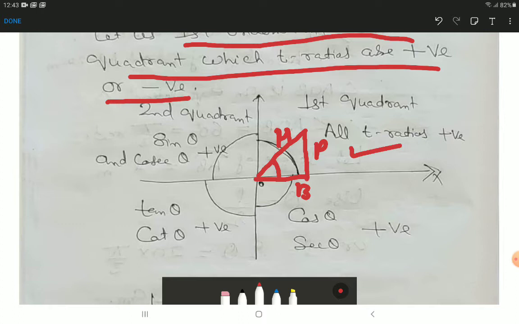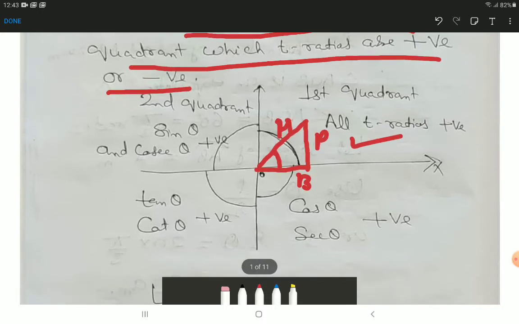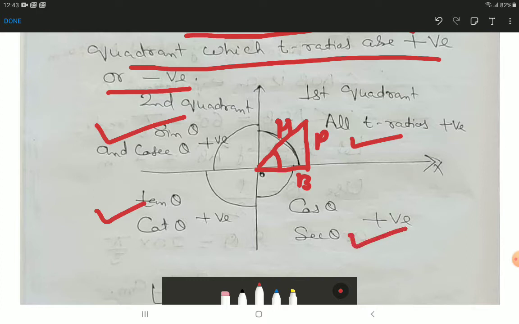So in second quadrant only sine theta and cosec theta are positive, rest are negative. In third quadrant tan and cot are positive, rest are negative, and in fourth quadrant cos and sec are positive and rest of the trigonometric ratios are negative.